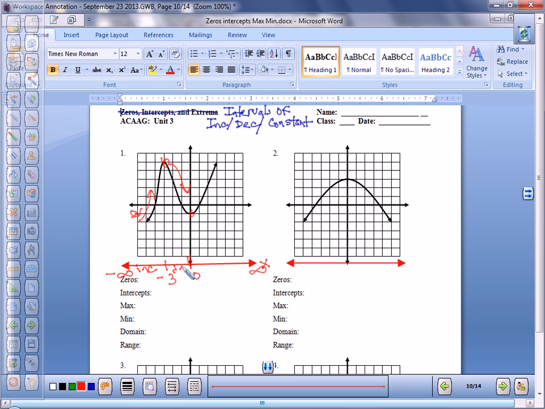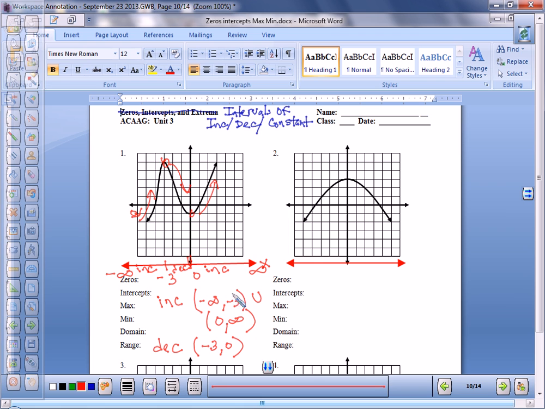So on this one, we have an increasing interval from -infinity to -3, union with from 3 to infinity. And then we have a decreasing interval from -3 to 0. So we're describing what's happening to the y using the x. Make sense? Yep. All right, next one.